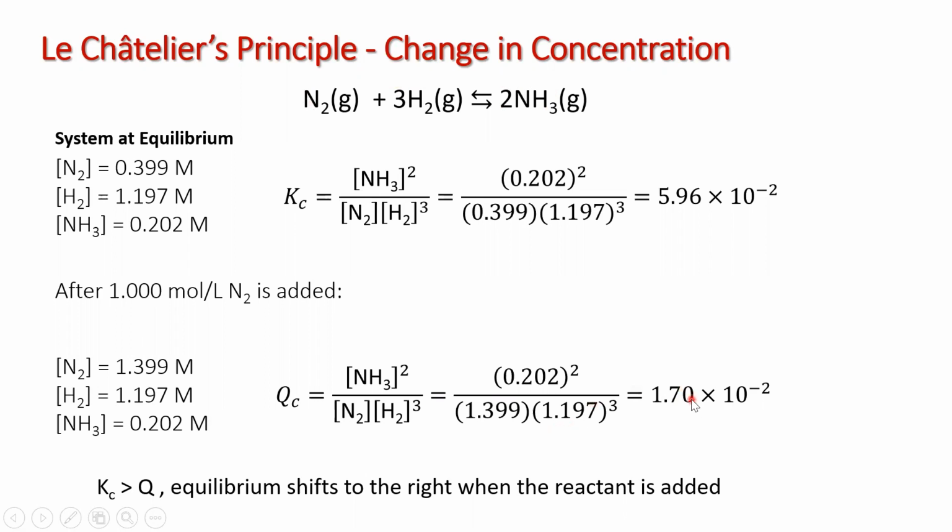Q will get bigger because products are going up and reactants are going down. And eventually Q will equal K and the system will reestablish equilibrium. That's part of what LeChatelier's principle deals with, how changing concentrations affect the system at equilibrium.